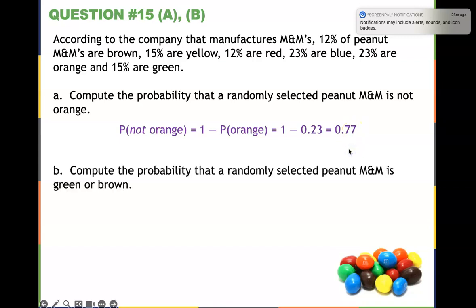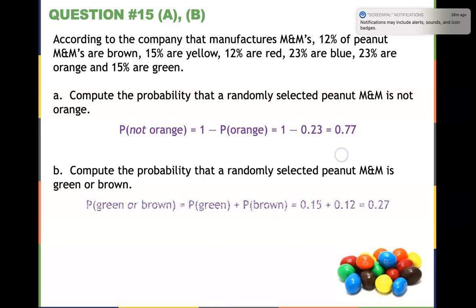Part B. Compute the probability that a randomly selected peanut M&M is green or brown. So remember, when you are selecting just one M&M, green and brown are mutually exclusive because you cannot draw a green and a brown M&M at the same time if you only draw one M&M.